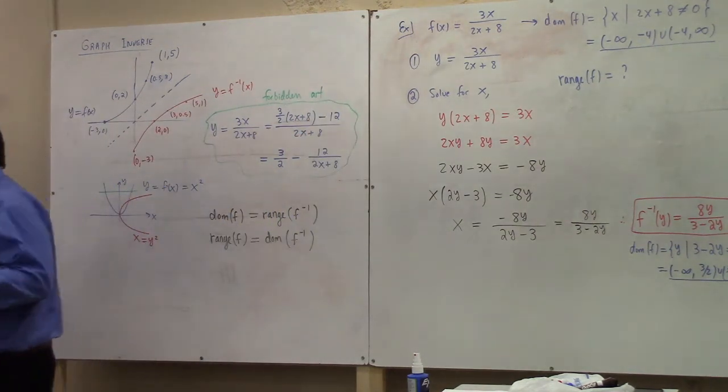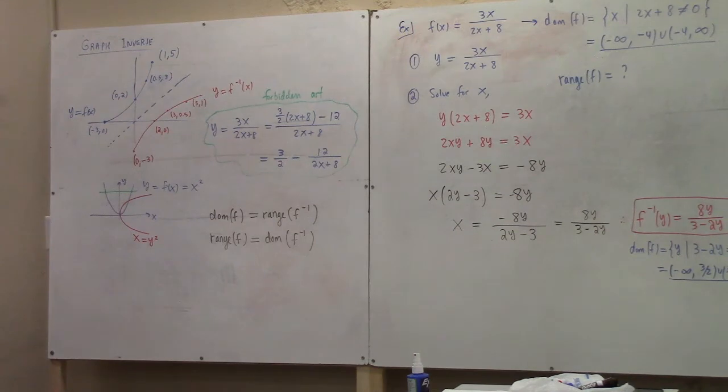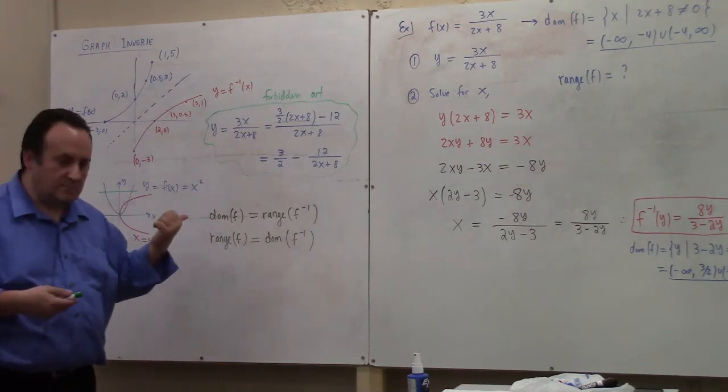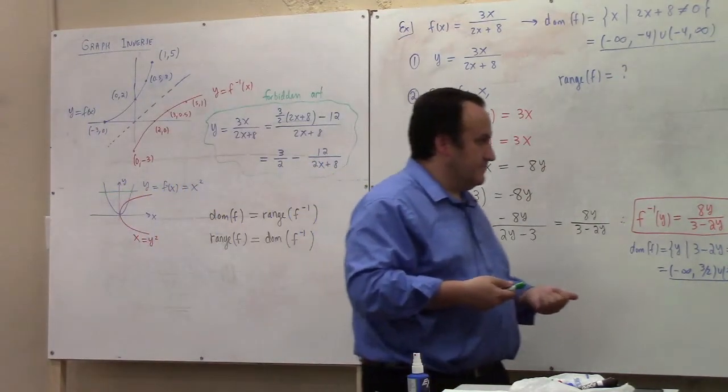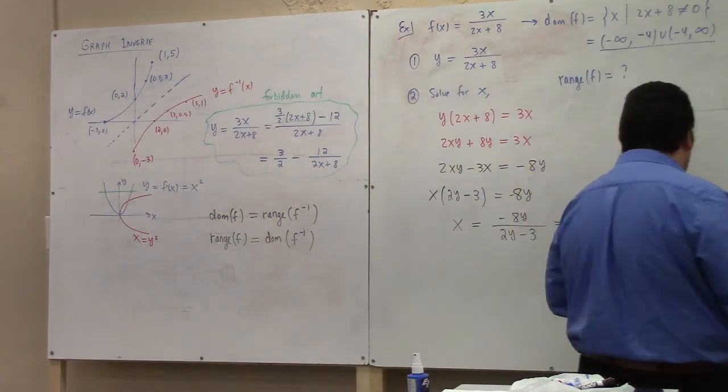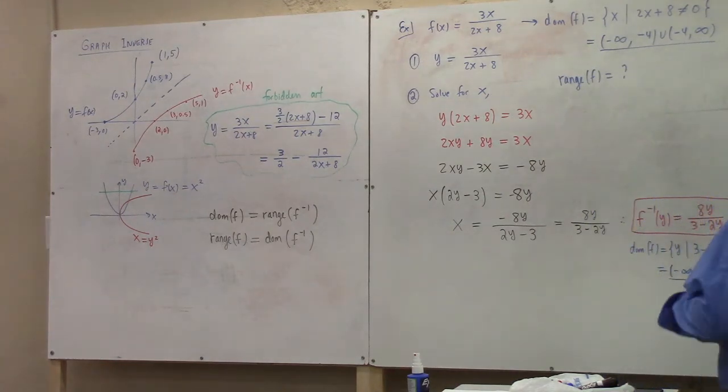I don't expect you guys to do that. All right? So what I'm trying to say is that figuring out the range just by looking at the function is pretty tough. But figuring out the range by looking at the domain of the inverse function, that's easy. So that's a neat observation. We could figure out ranges for the function by looking at the domain of the inverse function.